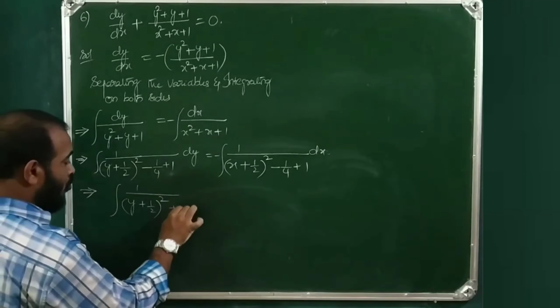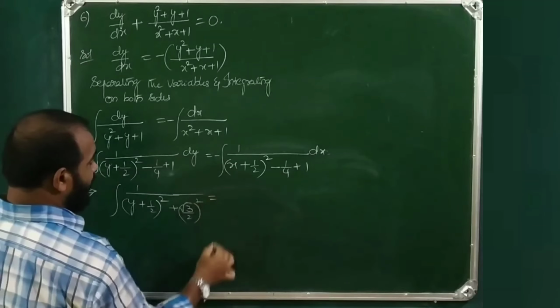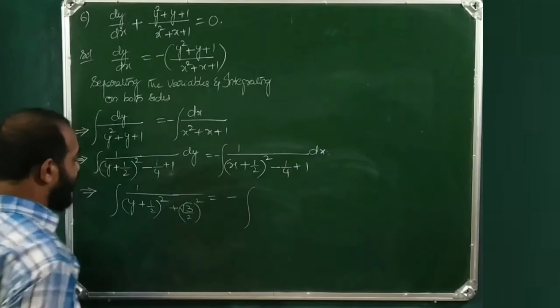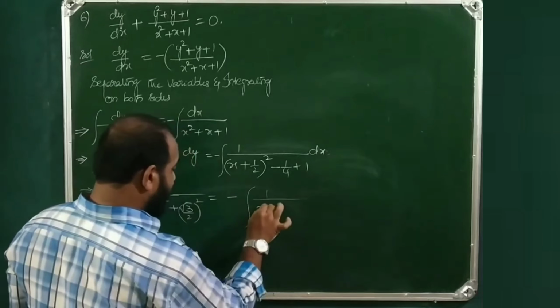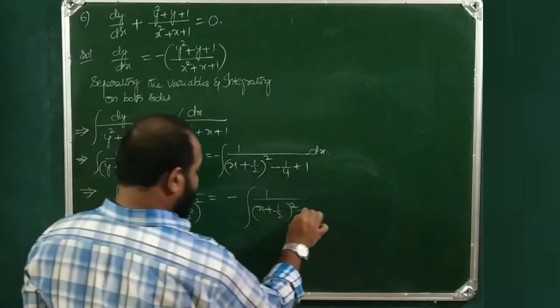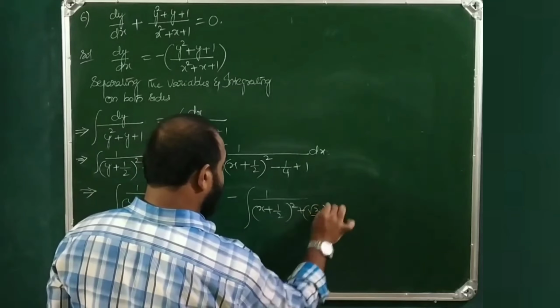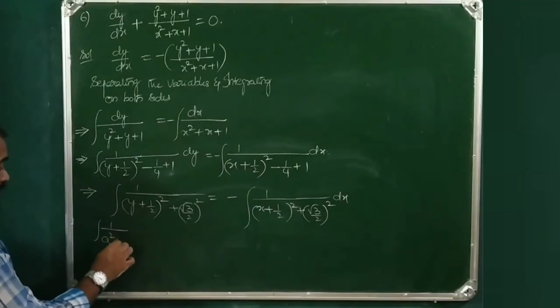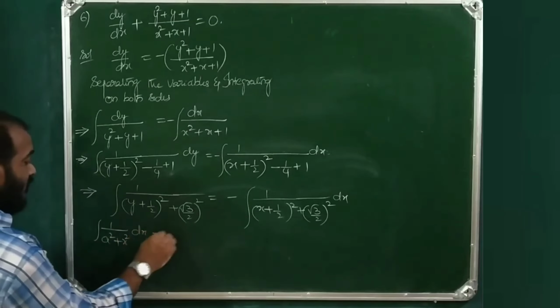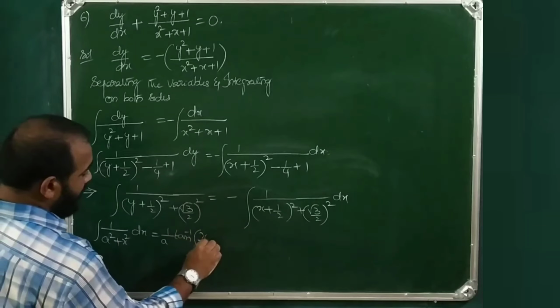This is root 3 by 2 whole square we can write, equal to minus, and so is the case here also, 1 by ((x plus 1 by 2) whole square plus (root 3 by 2) whole square) dx. Now, the integral of 1 by (a square plus x square) dx is 1 by a tan inverse x by a.